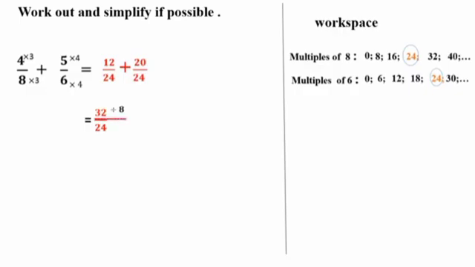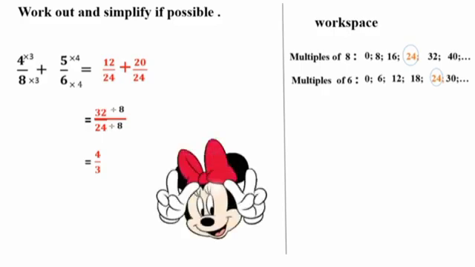We divide 32 by 8 and 24 by 8, the same number at the top and the bottom, of course. And we get the final answer, which is 4 over 3. So we just reduced the fraction. The answer on the calculator of 32 over 24 is equal to 4 over 3.